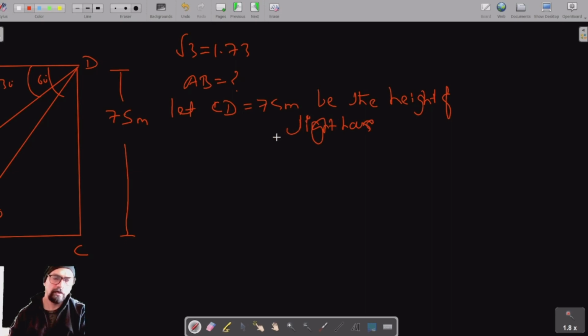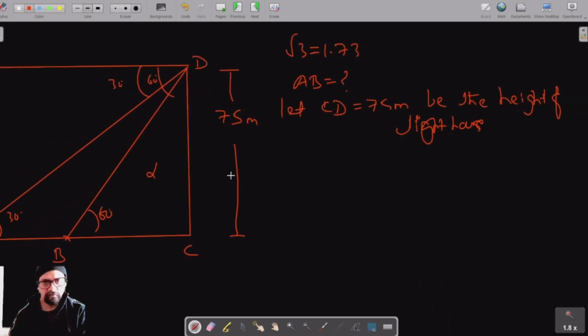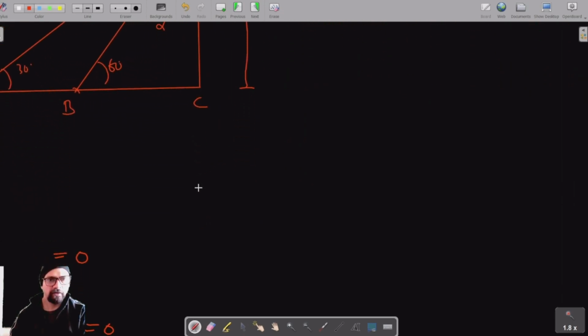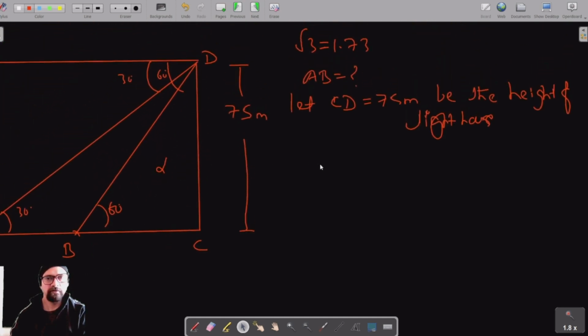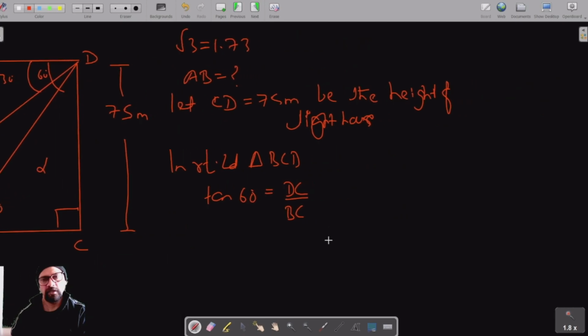Okay. Now I will go with the triangle which is the smaller one, that is right angle triangle BDC. I will use tan and find out the distance BC. So in right angle triangle BCD, which is right angle at C, let me use tan 60, which gives me DC by BC, and tan 60 is root 3, so root 3 is 75 by BC.